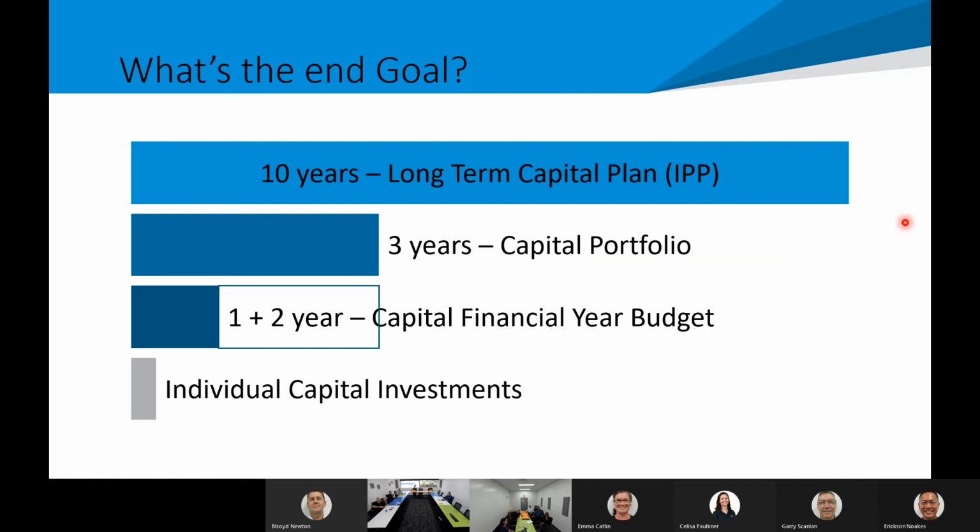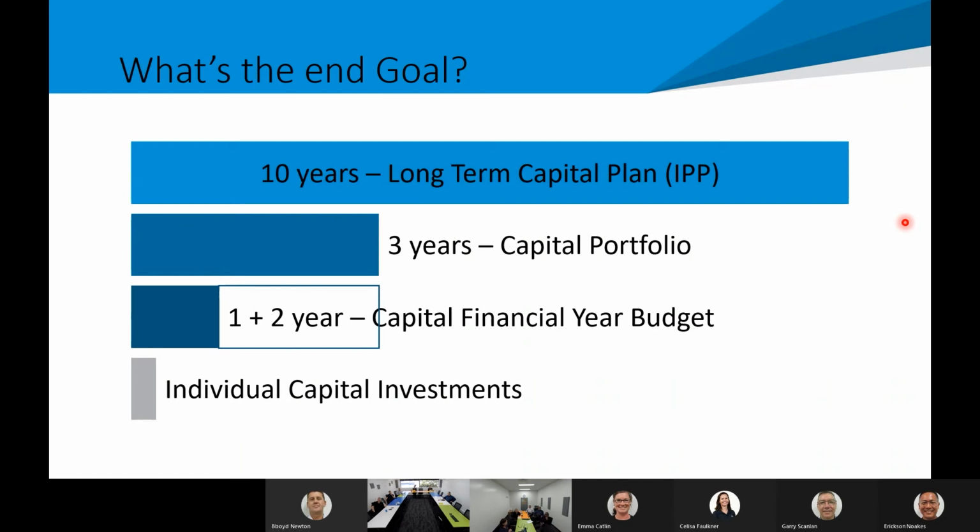So what's the end goal, or why does this matter that we have to get this right? Here at council we have a number of different views of where these projects or investment feed into. We have a 10-year plan, which is what sits in Tech 1 in that IPP, and it's that long-term capital plan.